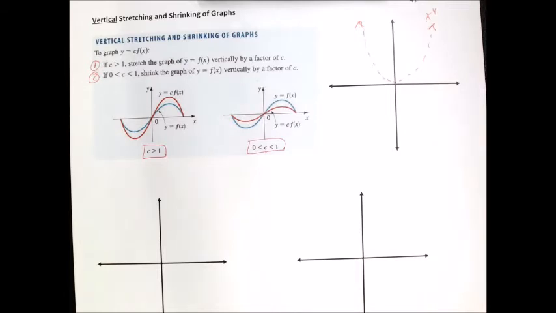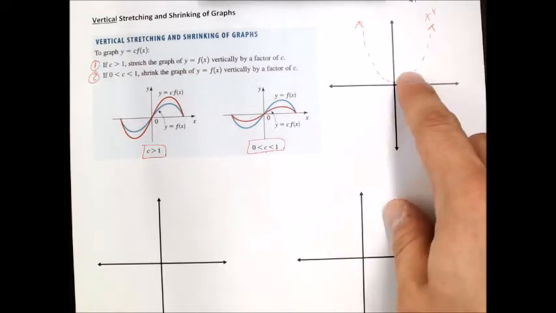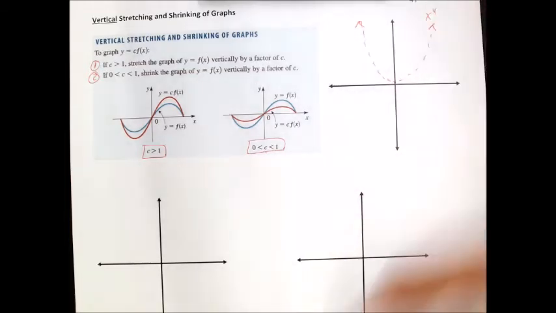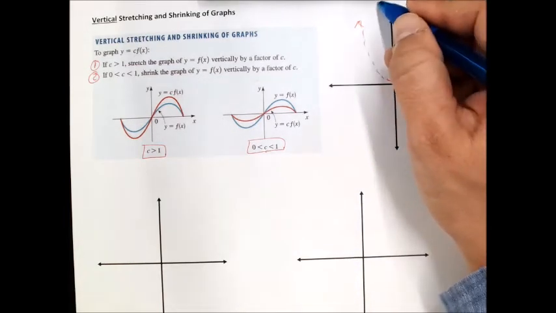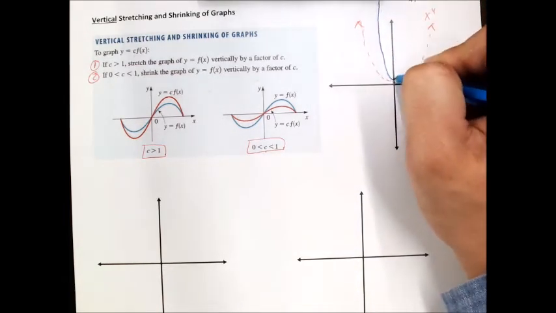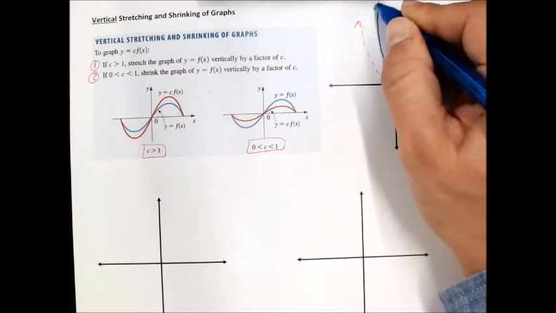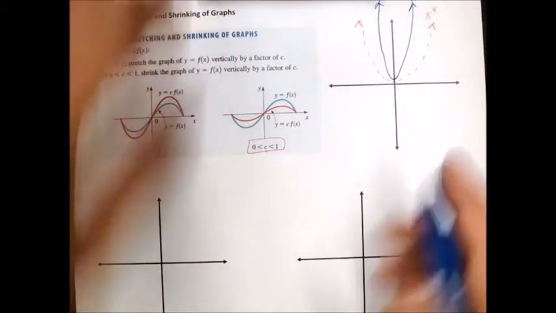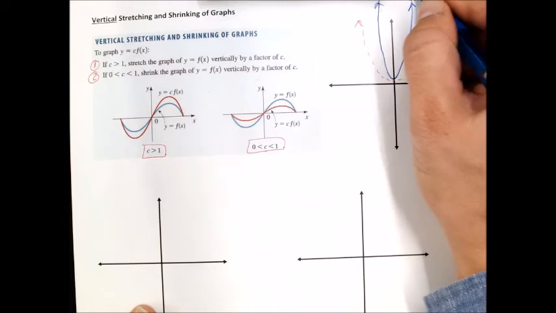If we multiply x to the 4th by a number bigger than 1, like say 2, it takes all those values and it stretches them up by 2. And so 2x to the 4th would look like a stretchier version of x to the 4th. Right, so this is what 2x to the 4th might look like.